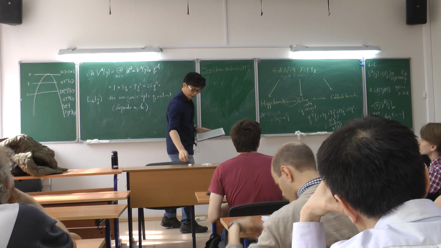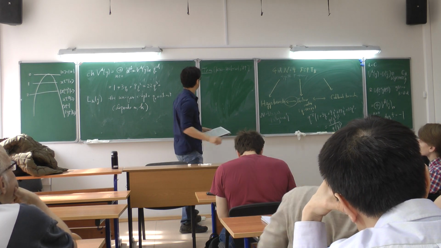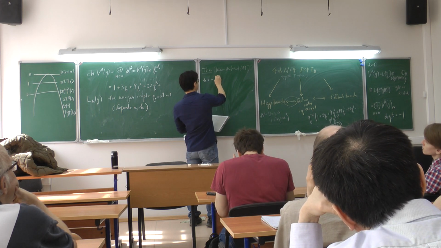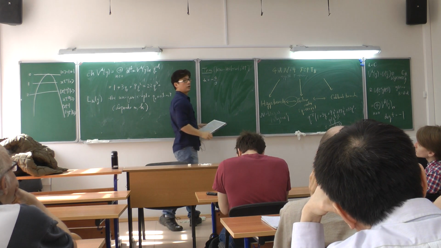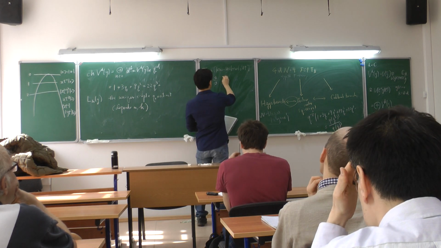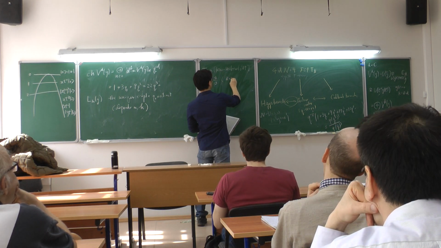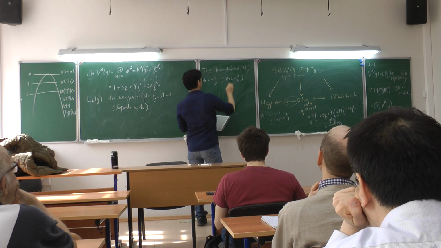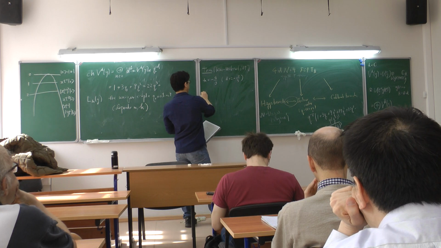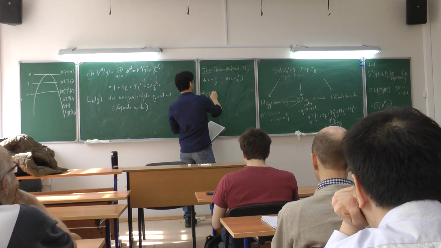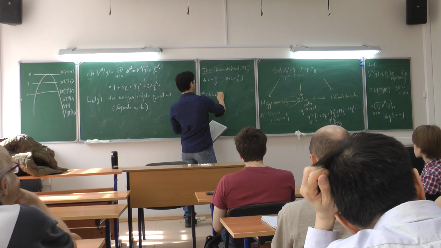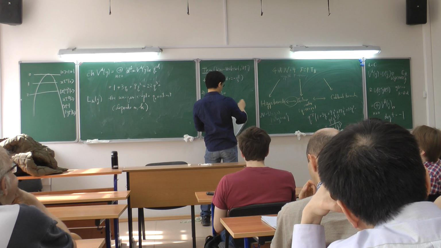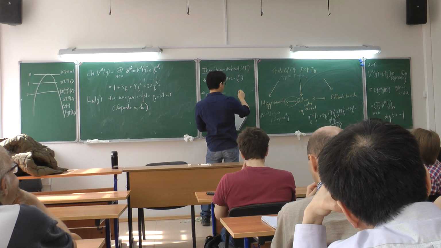But if you take k to be minus 4/3, which is the same as k plus 2 equals 2/3, then the character of this irreducible representation in this sense is exactly this series.